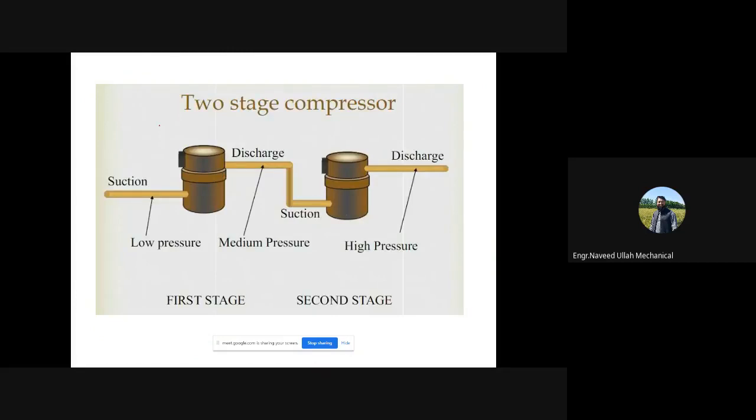दूसरी बात ये है, if you remember previously, अभी मैंने आपको बताया इसी class में कि if you use PV is equal to constant, that is, if you want to ensure or if you can ensure that the process of compression is isothermal, so you can say that the compressor will consume less work. ये भी अभी हमने बात की.